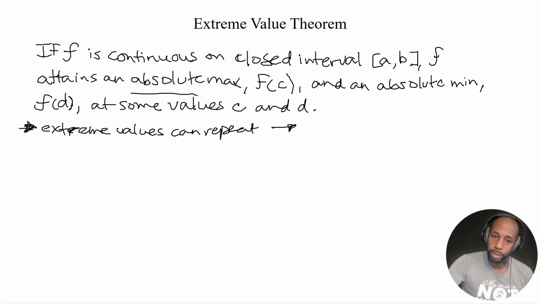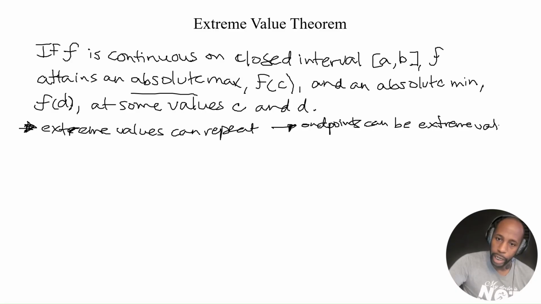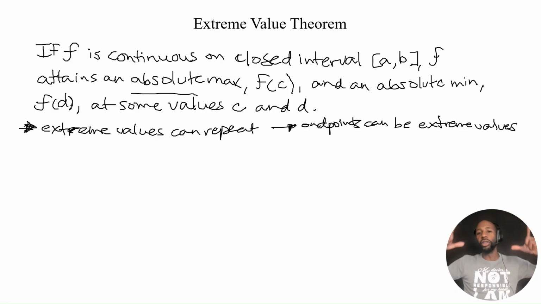And then also, endpoints can be extreme values. What I mean by that is on that interval that goes from a to b, a or b themselves could be points where you have extreme value.